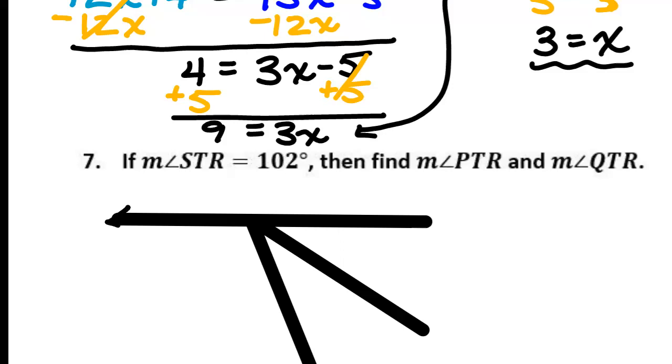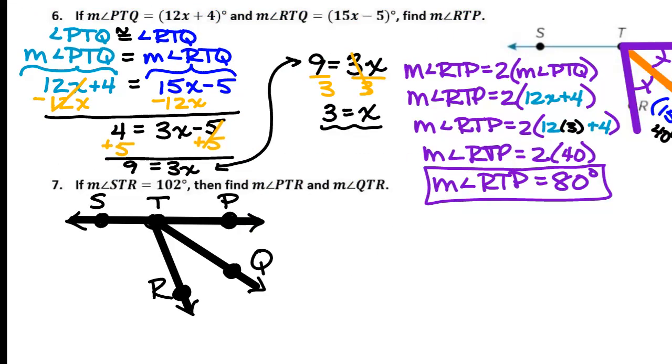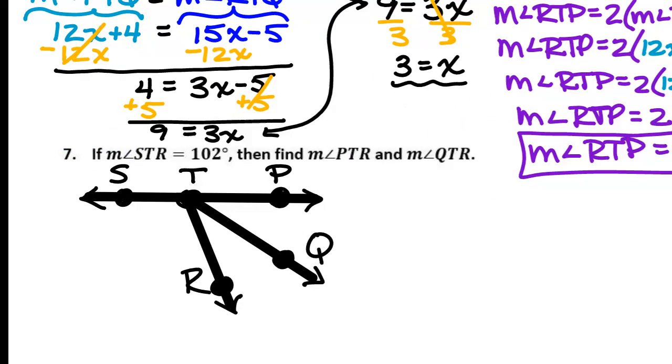All right, we have point S here, point T here, point P, Q, and R. All right, it says the angle STR is 102 degrees.